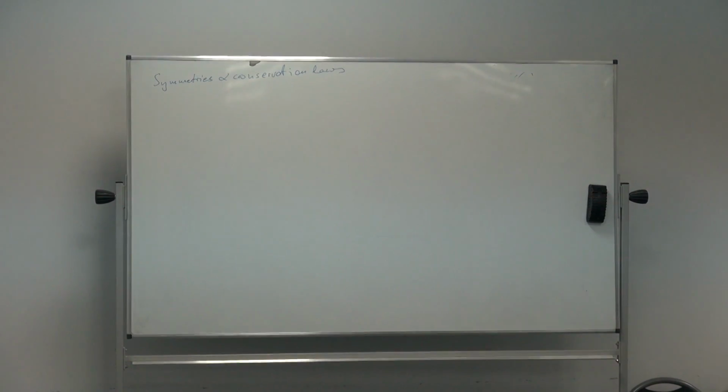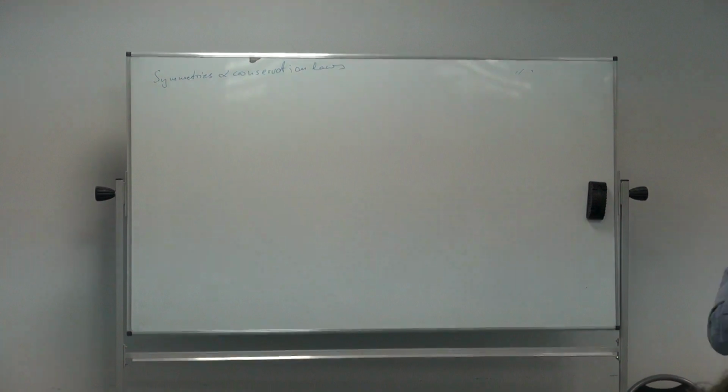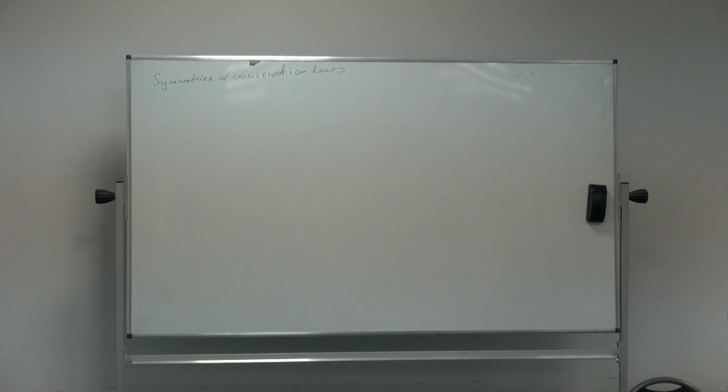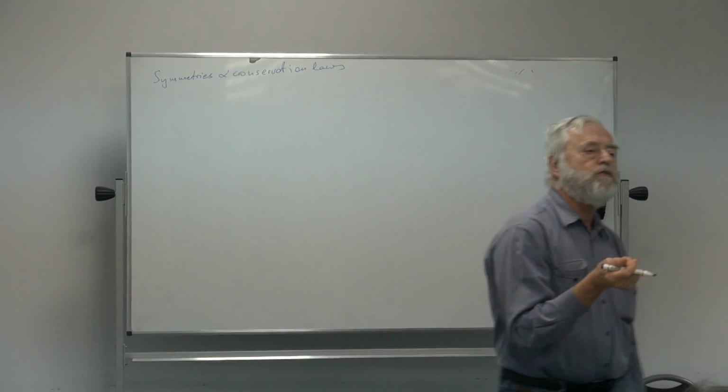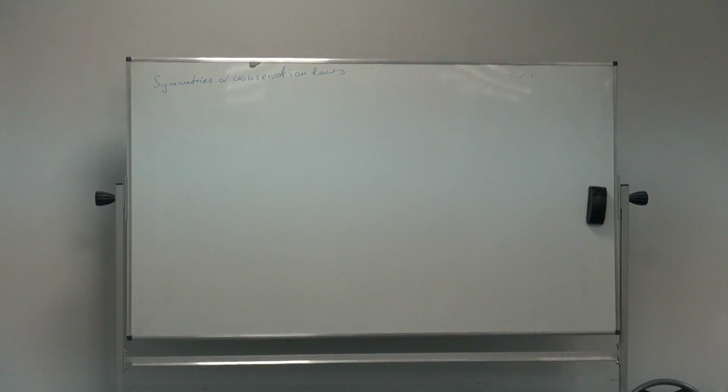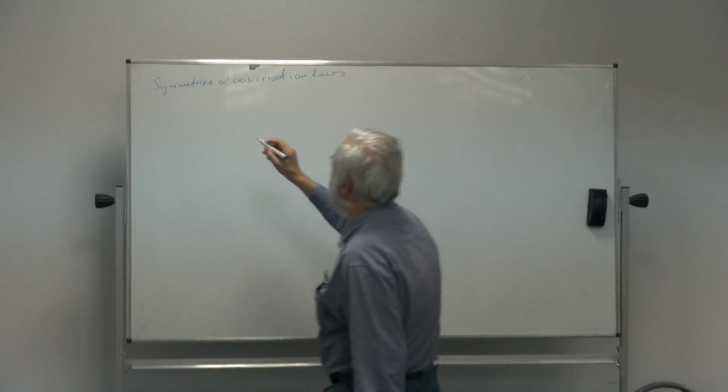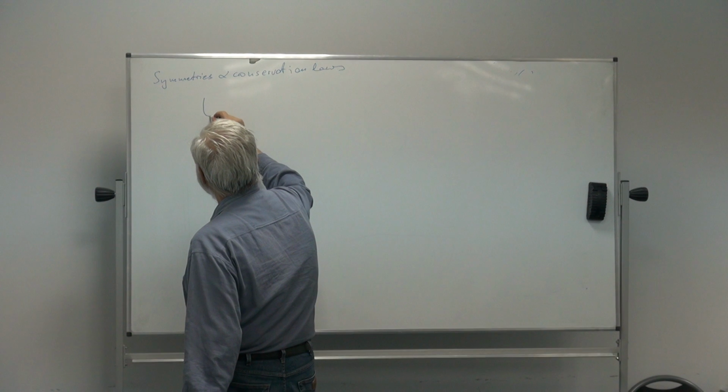Well, in functional analysis, there is a well-known and beautiful theorem which says that there is a one-to-one correspondence between self-adjoint operators and unitary operators. And the relation goes like this.